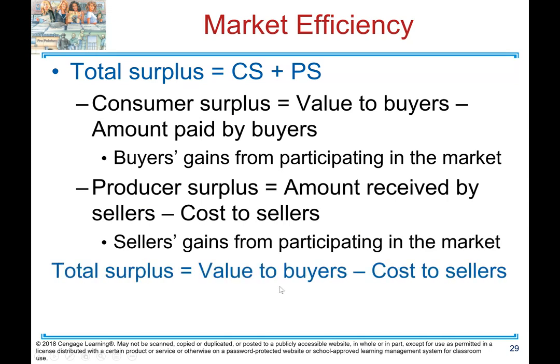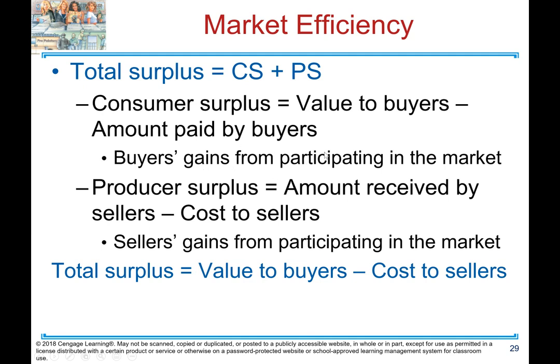Let's talk about market efficiency. Total surplus is a reflection of market efficiency, and it is consumer surplus plus producer surplus. Consumer surplus is equal to the value to buyers, or the buyer's willingness to pay, minus the amount they actually pay.